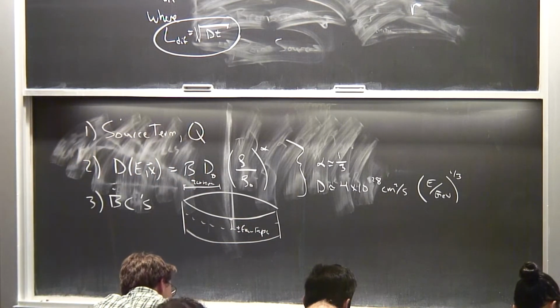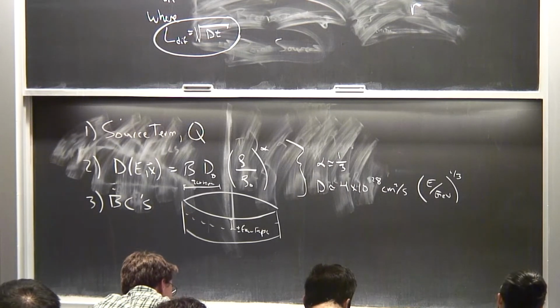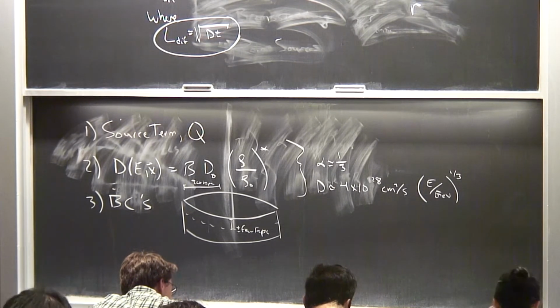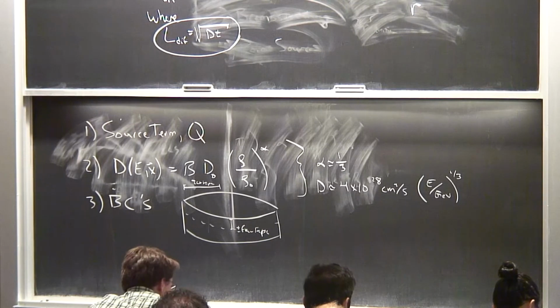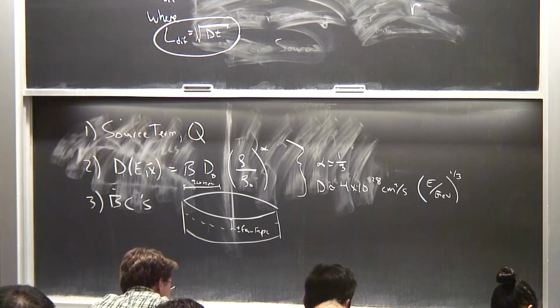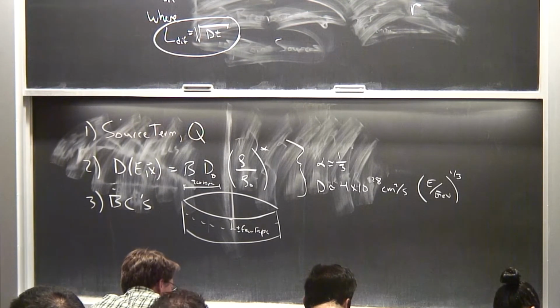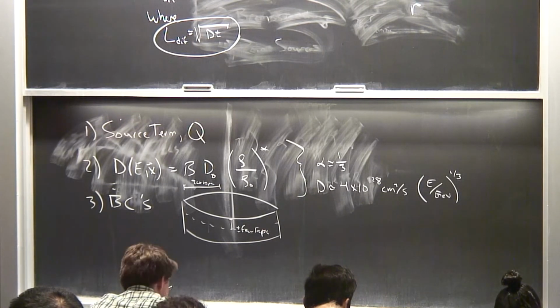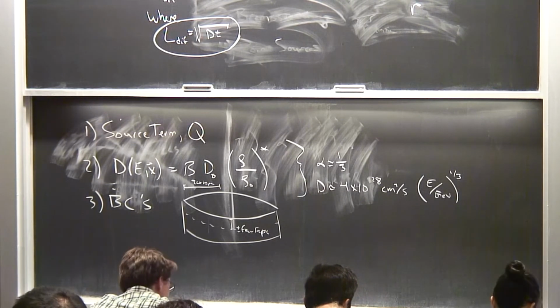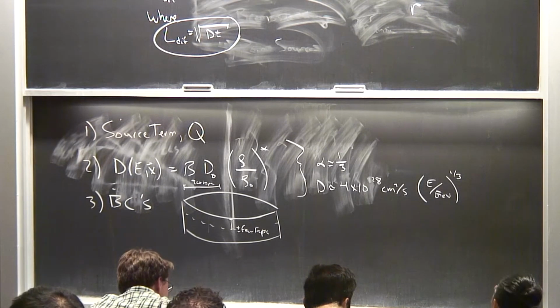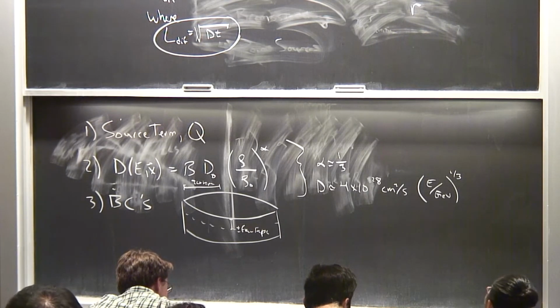And we say that all the diffusion and all the properties of everything are the same anywhere in that cylinder. And once you reach the edge of the cylinder, you just travel off to infinity. It's amazing that it works pretty well. I would never be able to justify this without data. But it turns out it maps onto a pretty good description of real cosmic ray phenomenology.